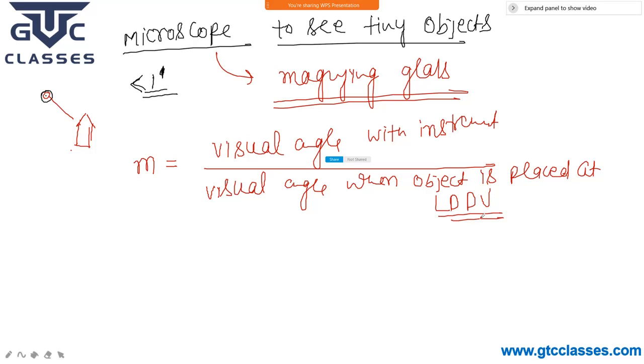So this is basically, in general, the magnifying power of any microscope. Clear? Now we will discuss the types of microscope.